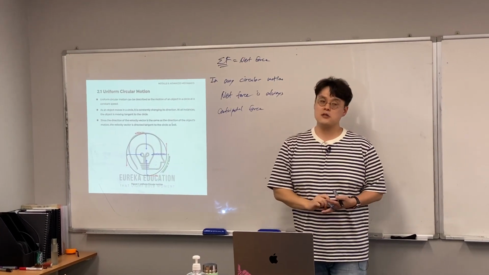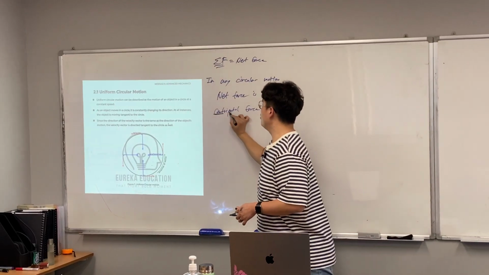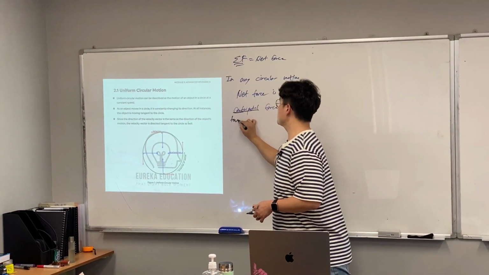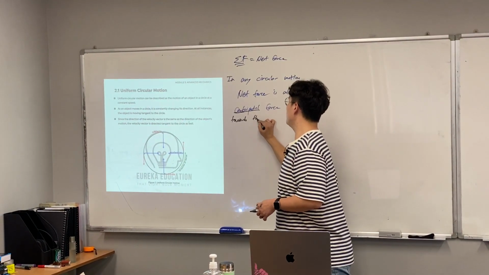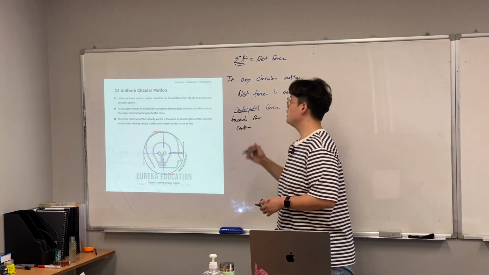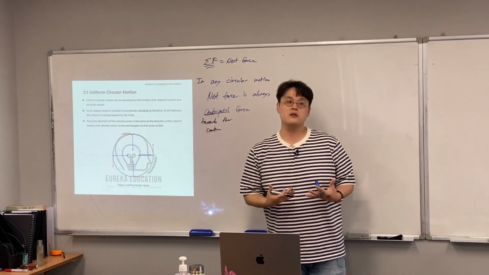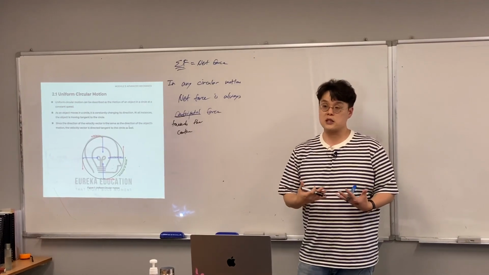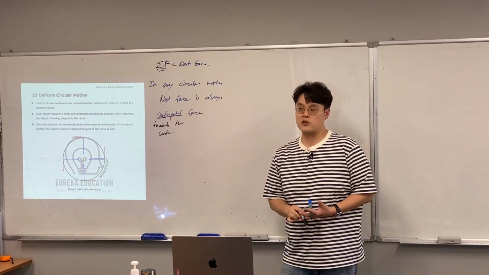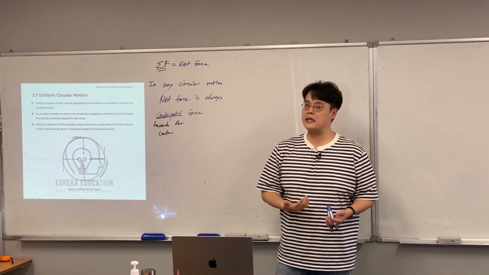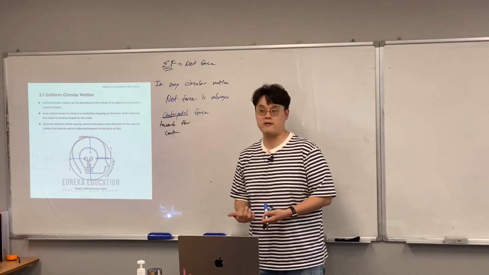Now, centripetal means the force towards the center. This simply means that there is always a net force applied towards the center. This is the golden rule to remember for circular motion, for solving any type of circular motion you will have.